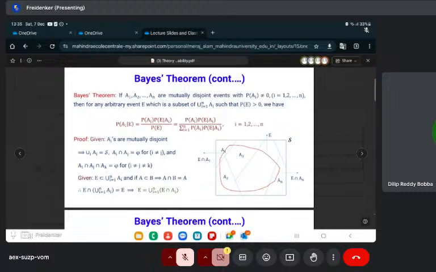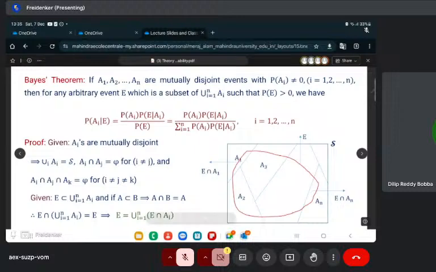I can just send P of E to the left hand side and send this to the bottom, right? If you notice here, using total probability, I can write P of E as the summation of P of AI into P of E given AI, right? We're using total probability in the denominator.